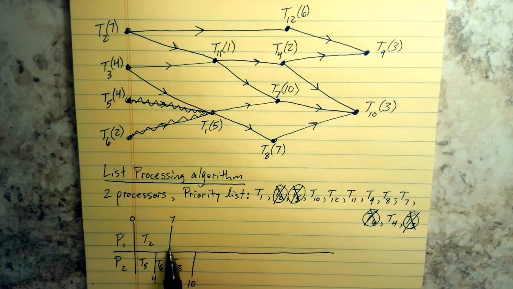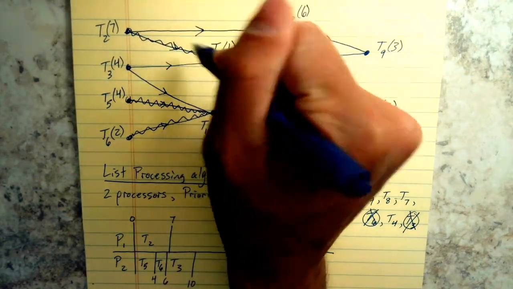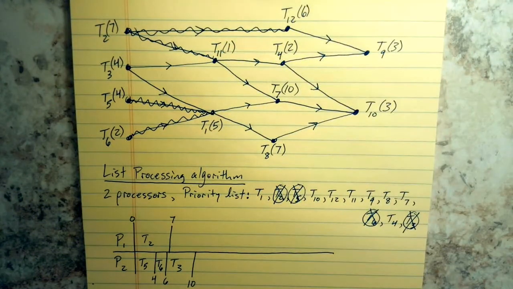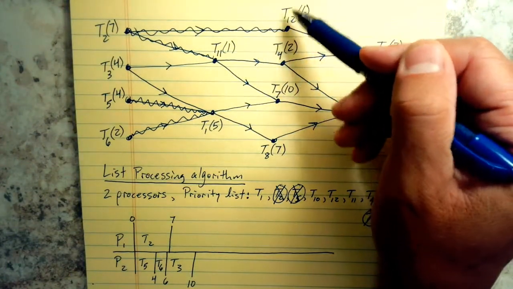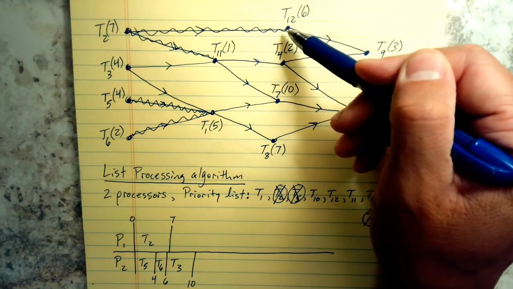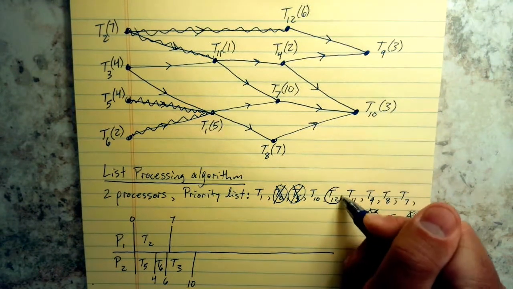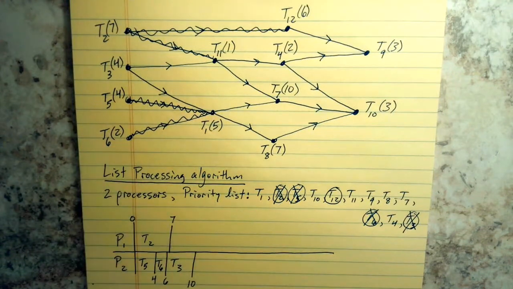So then the first available time is 7, and now 2 is done. So I'll remove it. And now I have an update to make. Task 12 is ready because 2 is finished, and that's the only thing that had to finish before task 12 could run. So I'm going to circle 12. 11 still has something that needs to run before it.